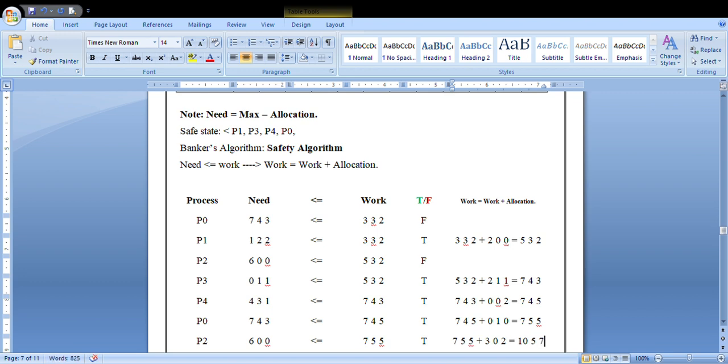This is the updated new value. Now your P2 also enters your safe sequence. This is how you are going to write the safe sequence or the safe state.